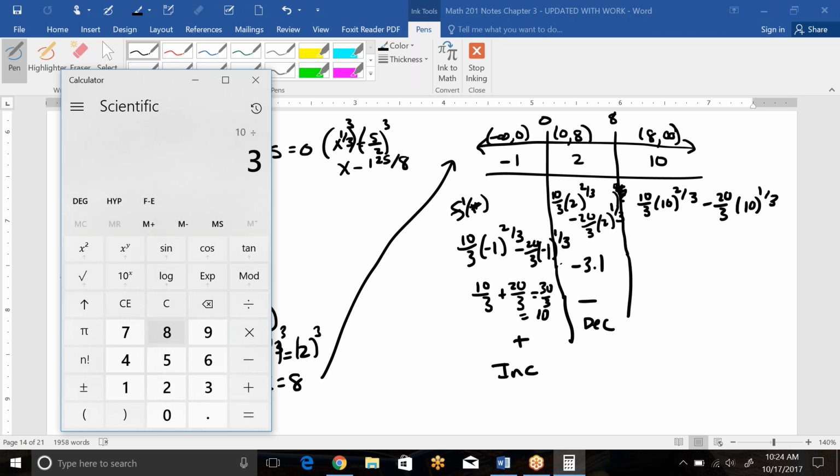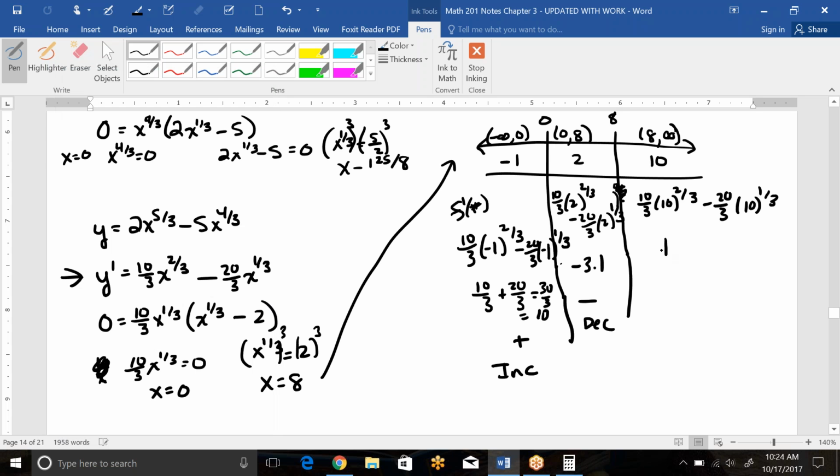So 10 divided by 3 times 10 to the 2/3, and then minus 20 divided by 3 times 10 to the 1/3. Okay, so this comes out as positive, and that means it is increasing.